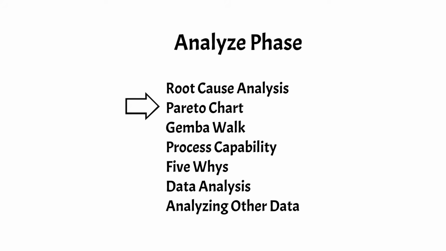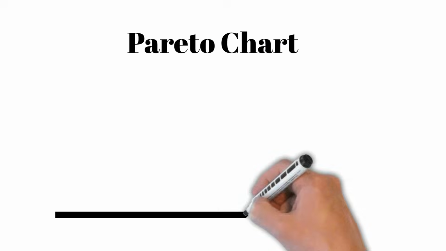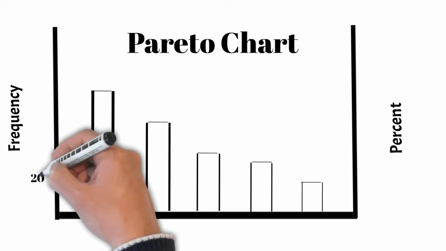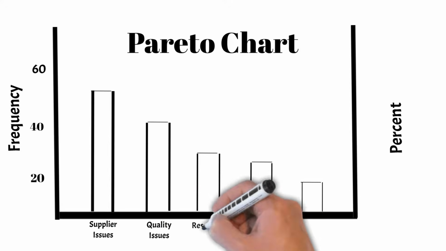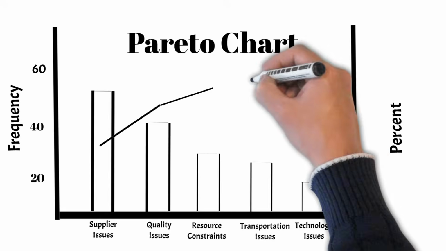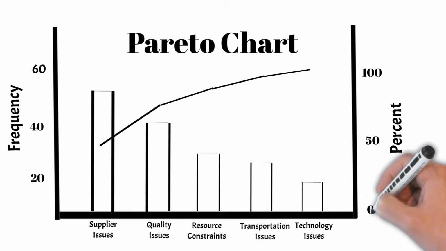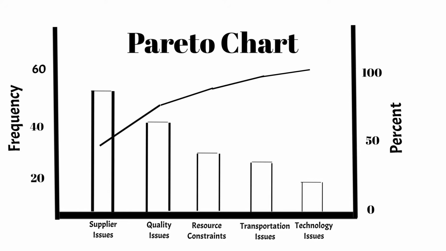Here we will focus on a Pareto chart. A Pareto chart is a variation of the histogram. In addition to identifying the magnitude of the problem, or in this situation, the frequency associated with each category, the Pareto chart also displays the cumulative contribution associated with solving more than one problem.